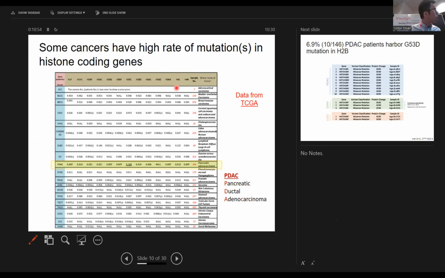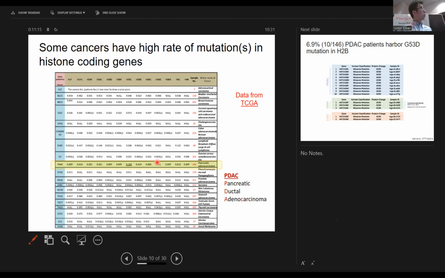You can focus on PDAC, which is pancreatic ductal adenocarcinoma. Very interestingly, if we look at these 146 patient samples, around 10% of the patients have a mutation in a gene called H2B1, one of the H2B genes that code for H2B proteins.